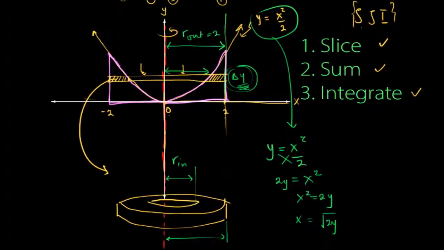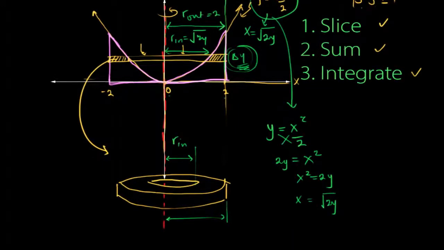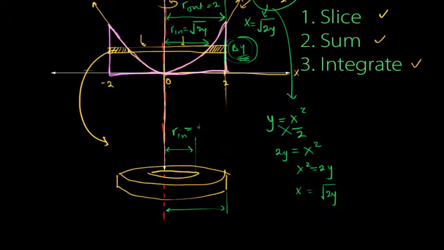So this function could as well be written as x equals square root of 2y. Since this is the height of the function, the inner radius, r in, equals the square root of 2y.